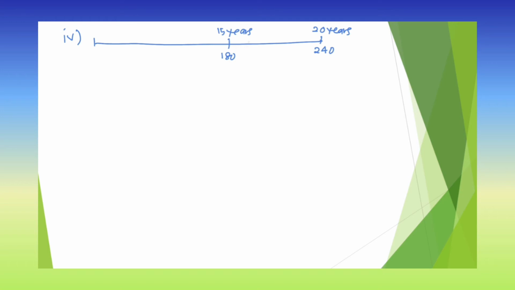Here is N 181, 182 and so on. So he wants to pay here. The number of payments left, N, is 240 minus 180, equal to 60. So we have to find A 60.